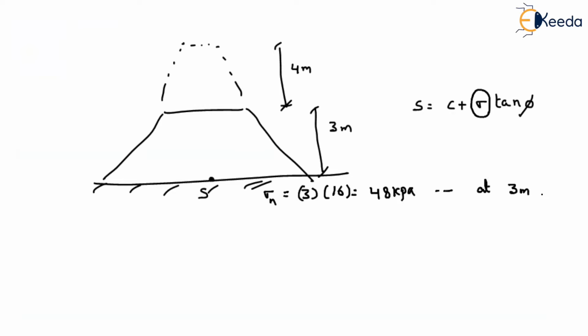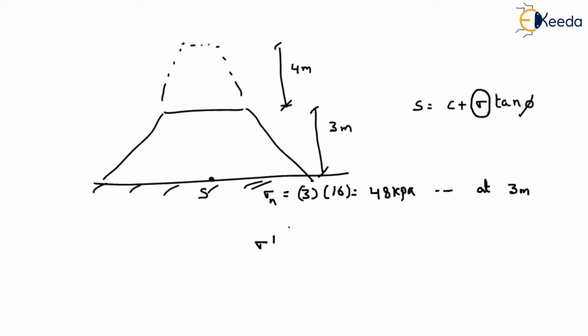Embankment at 3 meter. So as your embankment is raised from 3 meter to 7 meter, what will be the normal stress at the bottommost point? That is what we have to find out. As we are dealing with the effective parameters, we have to find out the effective normal stress.